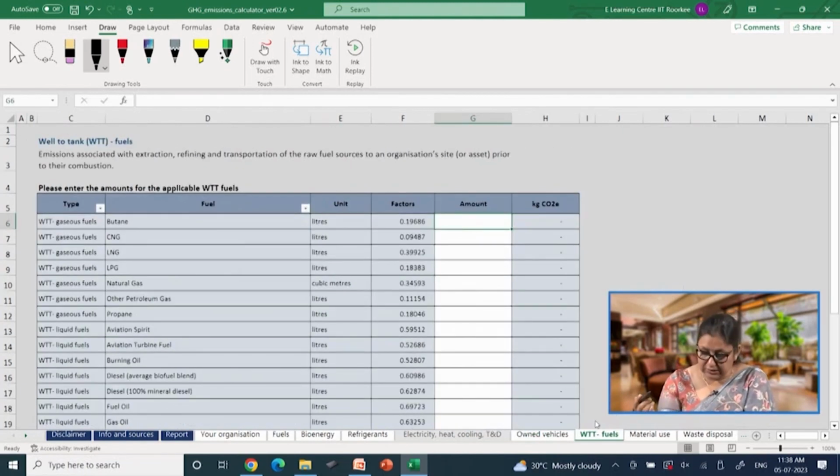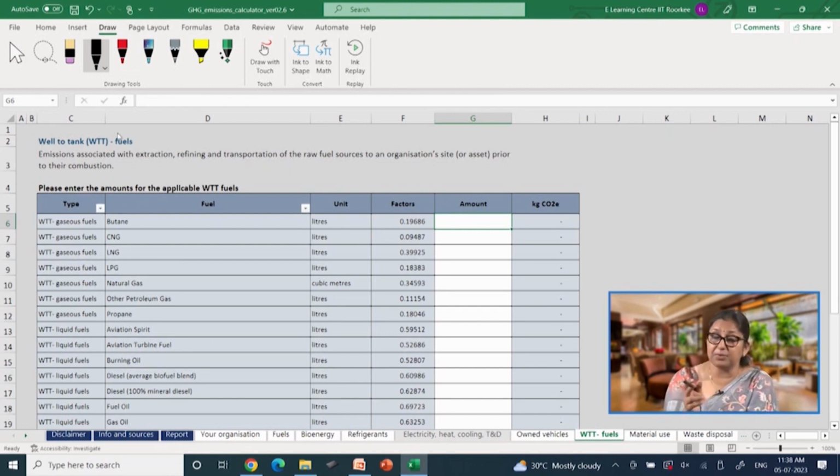This is WTT fuels, so well to tank fuels. Now, here we are talking about the production of fuel. So, this is not going to be relevant for all the companies. For example, an institute might not find it relevant, no data here. However, certain companies, like big petroleum companies, might be talking about well to tank.